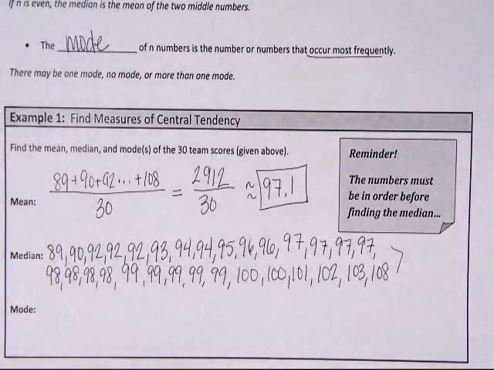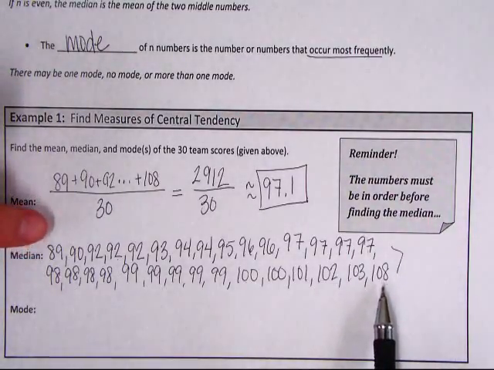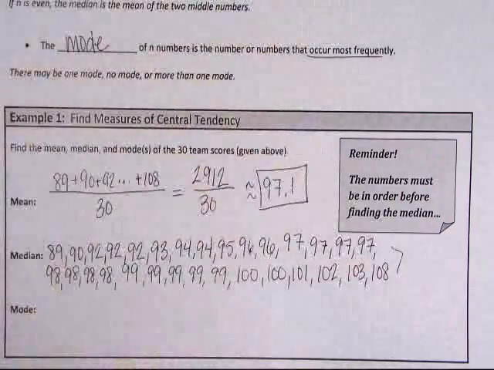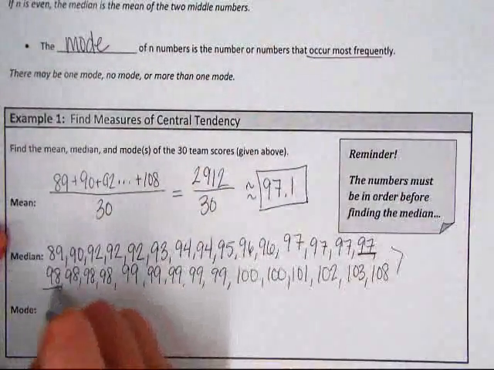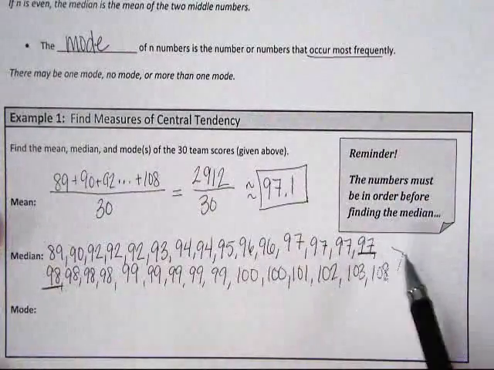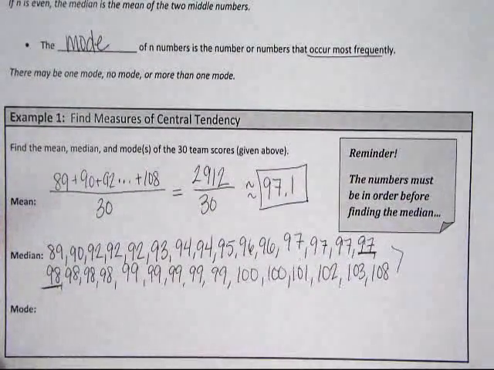My median is my middle number, right? It's the number that falls in the middle of the data values that I'm given. If I start at 108, I'm going to be working my way backward to find the middle numbers. If I work my way backward, I would find that between 97 and 98 is going to be my middle number.